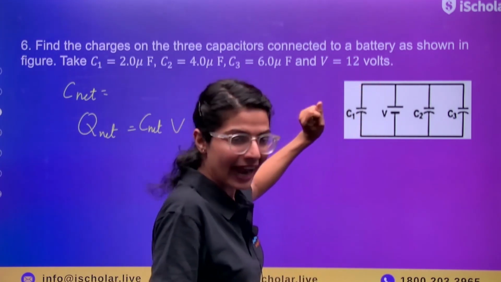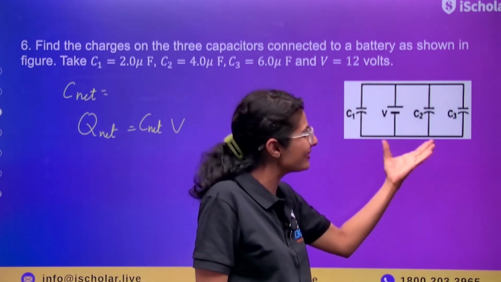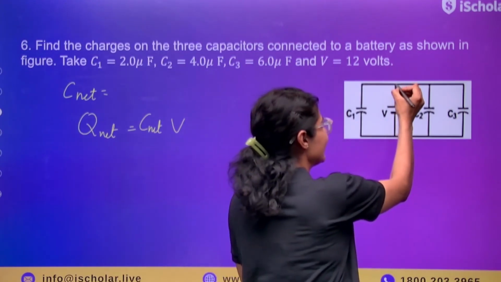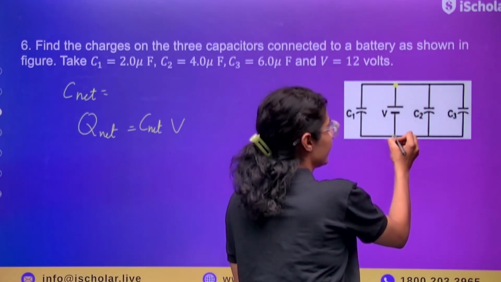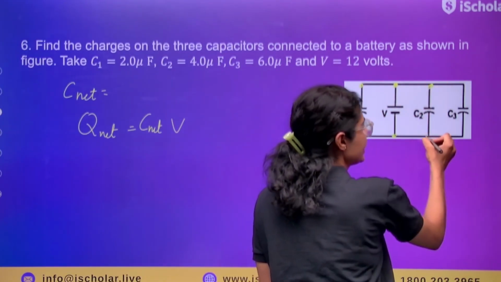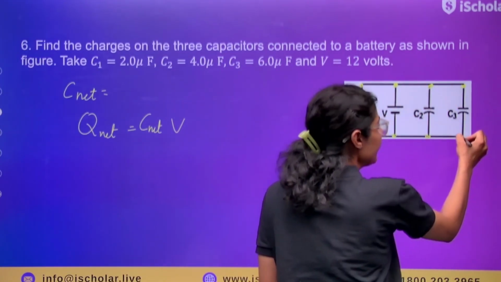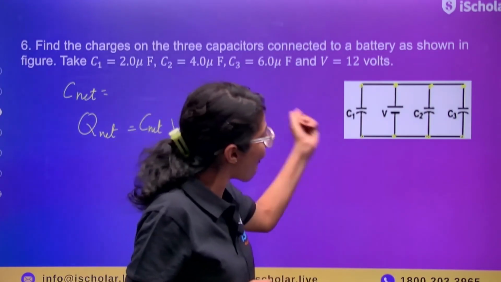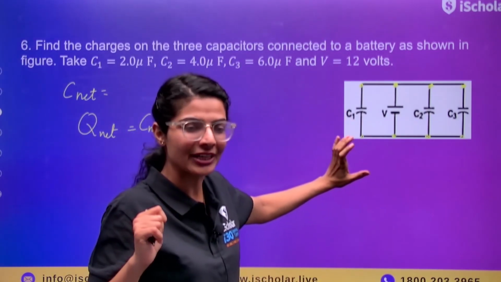Can you say that all these capacitors are in parallel? As simple as that. See, the same potential is connected to C1, the same potential is connected to C2, and the same potential is connected to C3.